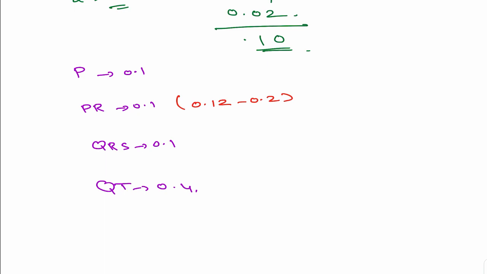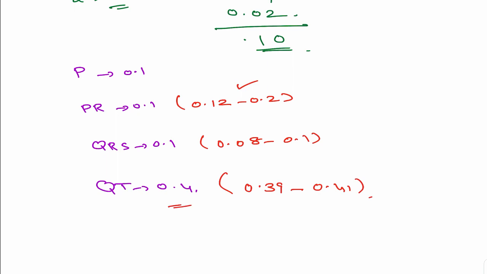Okay, then the QRS complex is 0.08 to 0.1. So it's very quick, isn't it? The PR interval is slower, so that's why it's reaching up to 0.2. QRS is a very quick deflection, so it will be 0.08 to 0.1, and the QT is 0.39 to 0.41. So it's 0.4 is what it is.